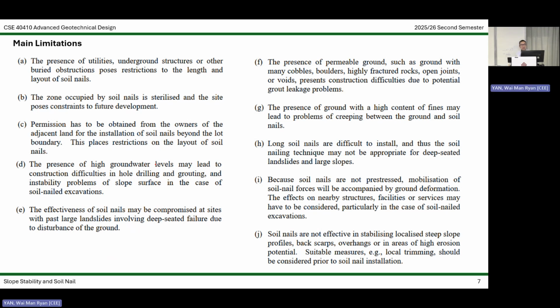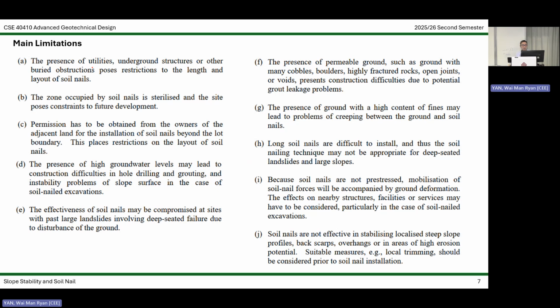But there are still limitations. And some limitations are not only for soil nails, they actually affect no matter what schemes you do. For example, there are utilities or underground structures, maybe pipes, water pipes, maybe telecom services, cables, that are obstructions to the construction of nails and even to other options, like retaining walls.